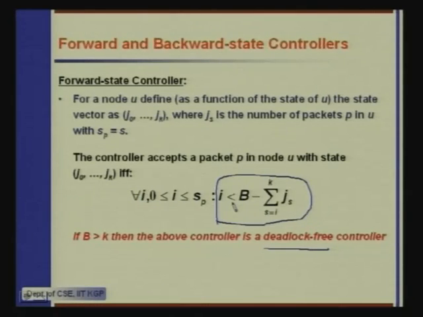Why do you say this is liberal, sir? Whatever Fc is allowing, Fs is allowing. How do I prove that it is more liberal? There will be cases which will be allowed by Fs but not by Fc, which I have asked you to create as an exercise.